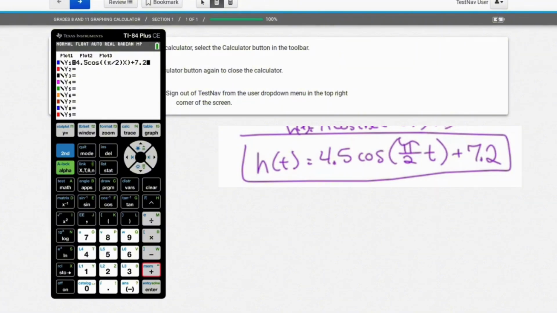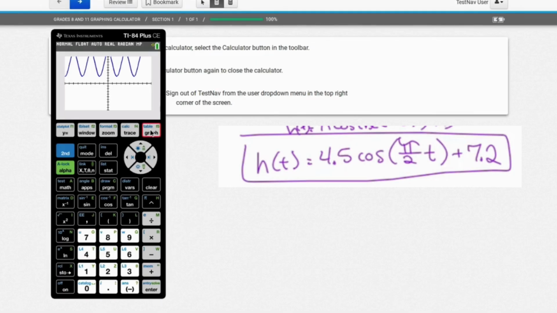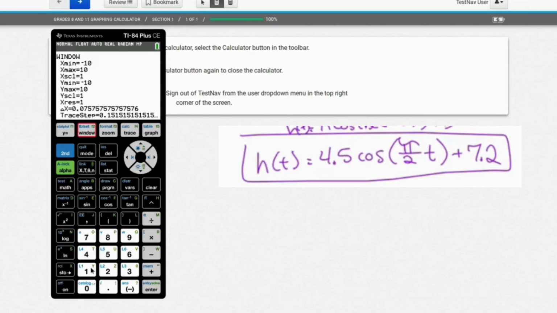When I hit graph, it's not really accurate, so let's go to window. Since we care about everything happening after the 10th second, let's start the x minimum at 10. Period is 4, so let's make the x maximum 15.